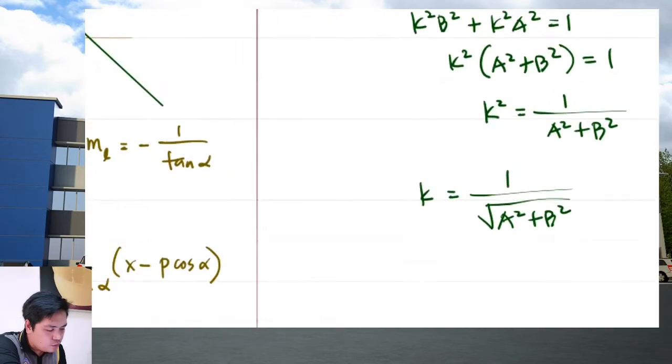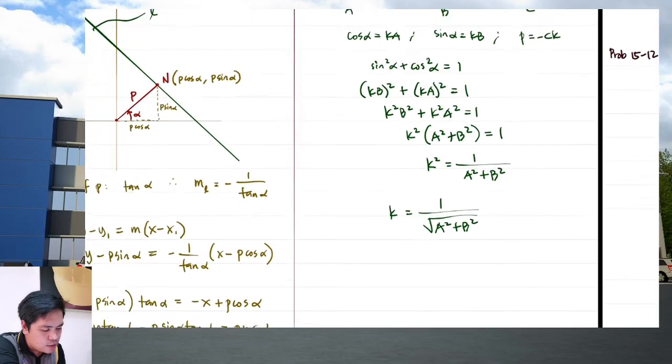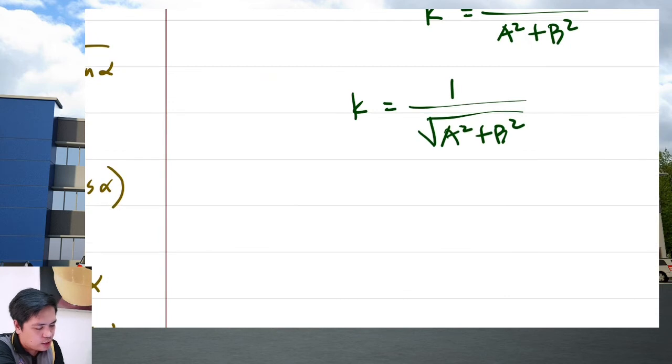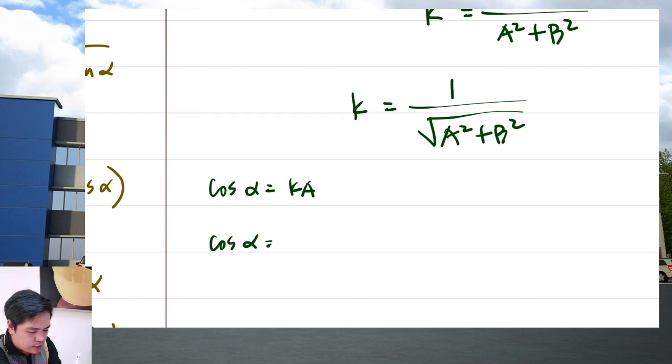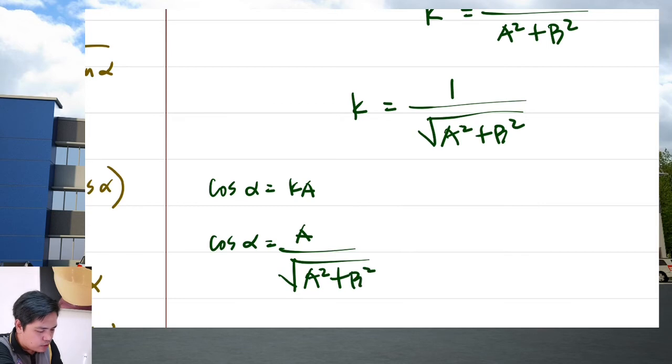Now, kung nasolve na si k, that means cosine alpha. Remember that cosine alpha is Ka. So, therefore, cosine alpha is k times a. So that means a over square root of a squared plus b squared.